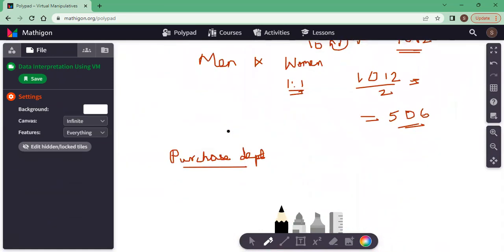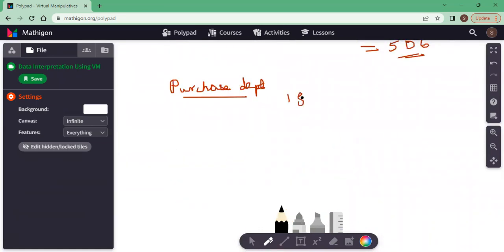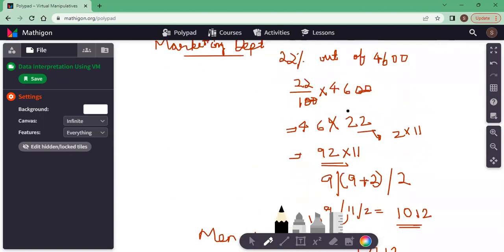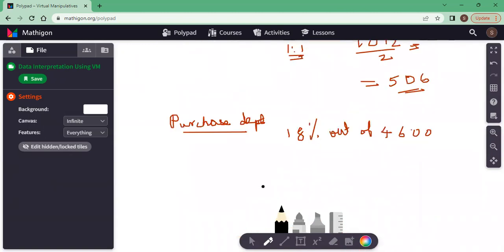So it is 18%. 18% out of 4,600. Now it is 18 by 100 into 4,600.